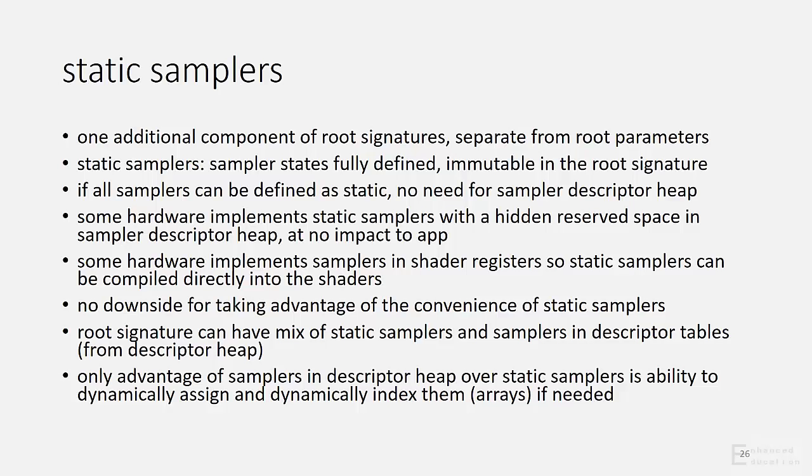Another advantage of using static samplers is that, as you will see, root signatures can be declared in HLSL. And by extension, if you can define static samplers in a root signature, you can now define static samplers directly in an HLSL program. So you can have samplers fully defined directly in the shader that uses them.